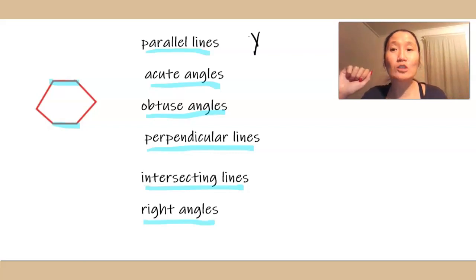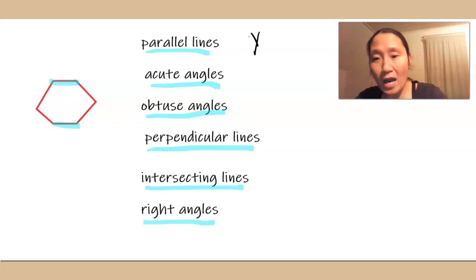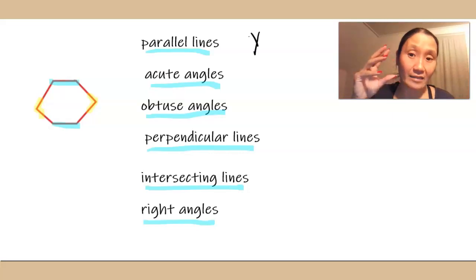Okay, so now let's look at the acute angles. Does this polygon have any kind of acute angles? Remember, acute means the two lines meet at an angle less than 90 degrees. So yes, these two lines and these two lines meet at less than 90-degree angles.